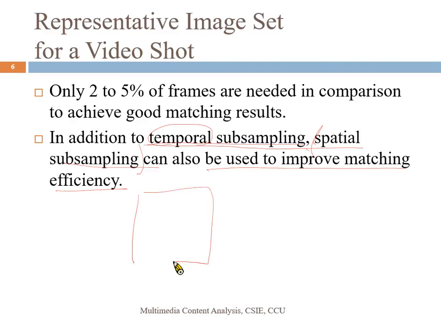So if the original frame is like this, we can sample maybe one pixel for every 4 pixels. So we can reduce the image to something like this, just 1/4 size of the original one. So we can largely reduce the image size, and then based on the resized image, we can further accelerate distance calculation.